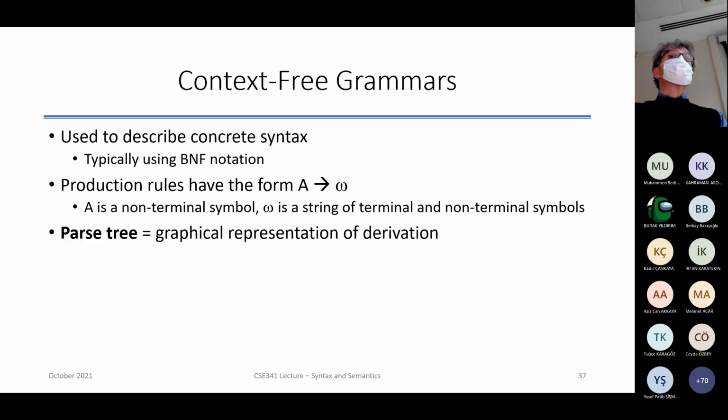All right, and a context-free grammar, in principle, has the same BNF that we discussed, the Backus-Naur form. You remember we had terminal symbols, a finite set of non-terminals, a start symbol, and a set of production rules.